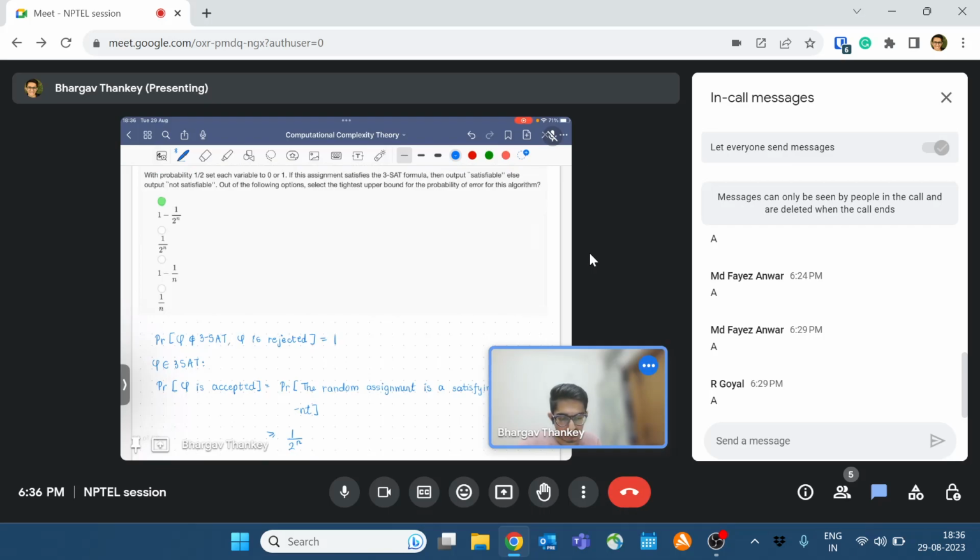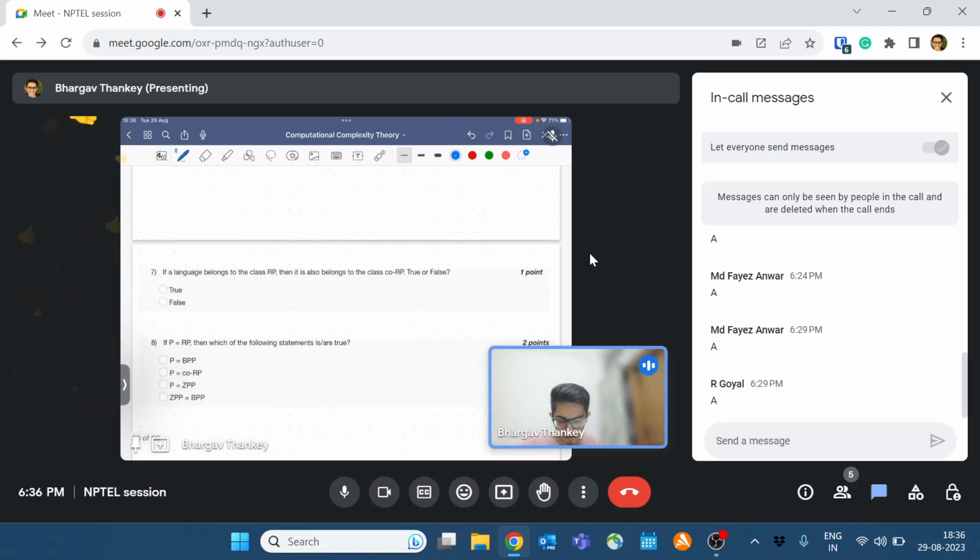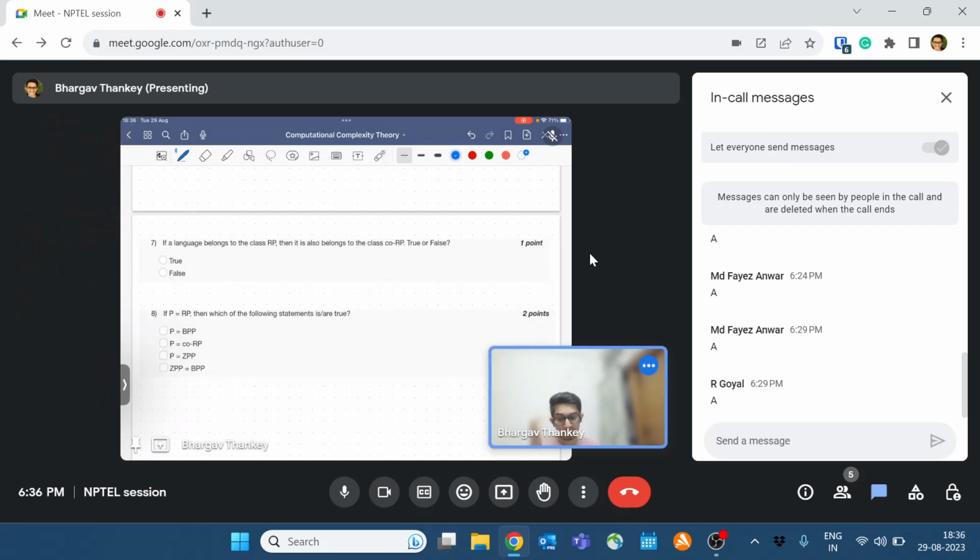Okay, is this fine? Yes. Okay, so then let's look at the next problem. The next problem is, if a language belongs to the class RP, then it also belongs to the class co-RP, true or false? Before you answer, you should interpret this as, is it currently known to be true or not?